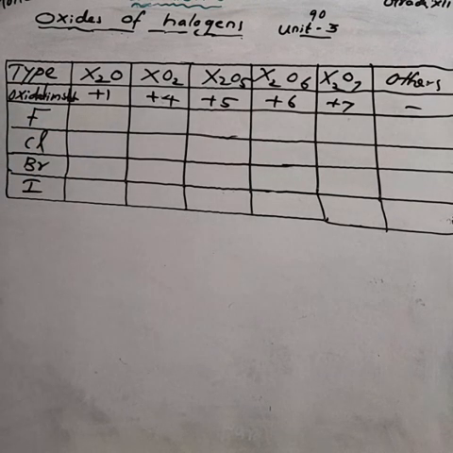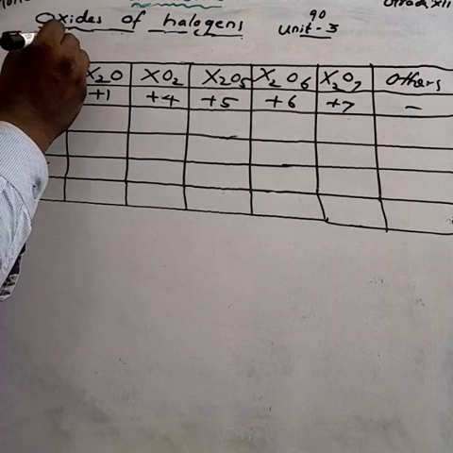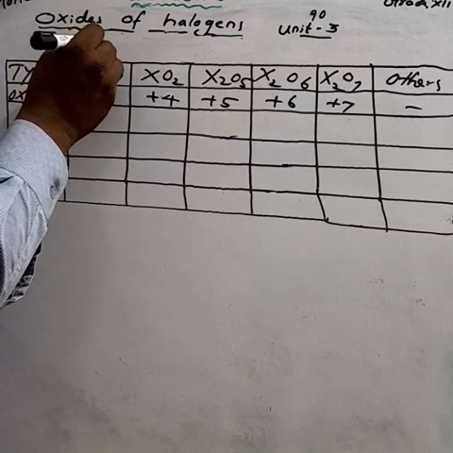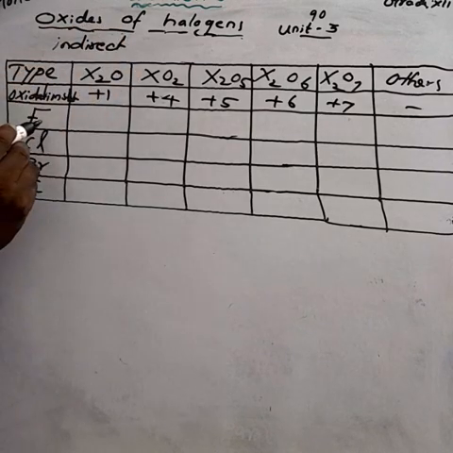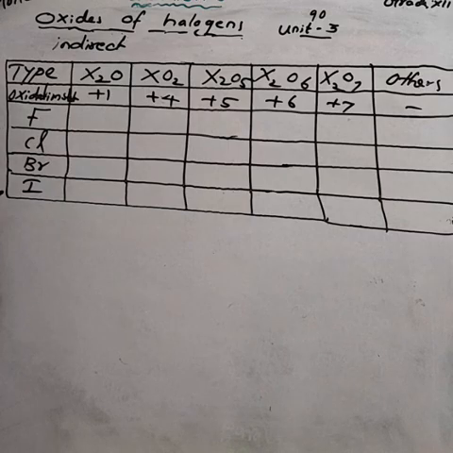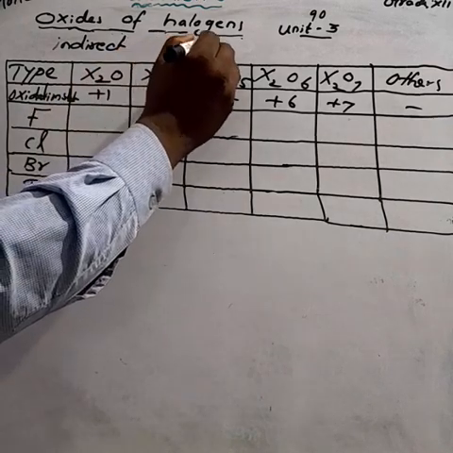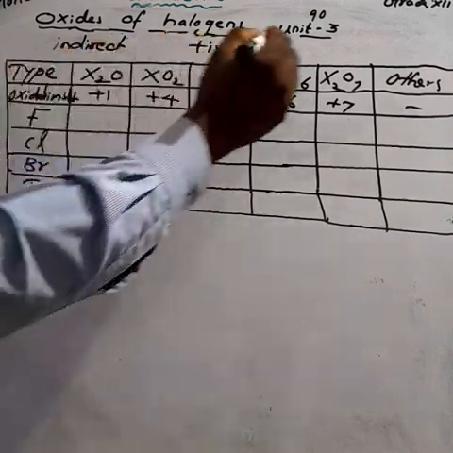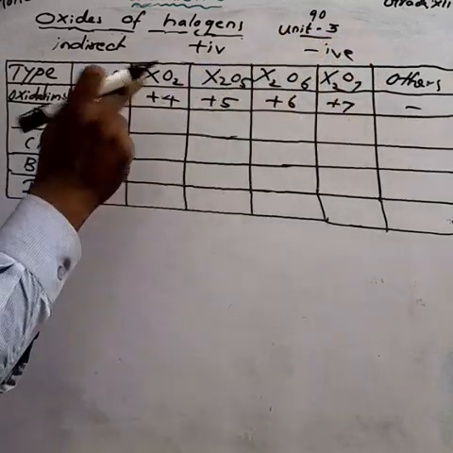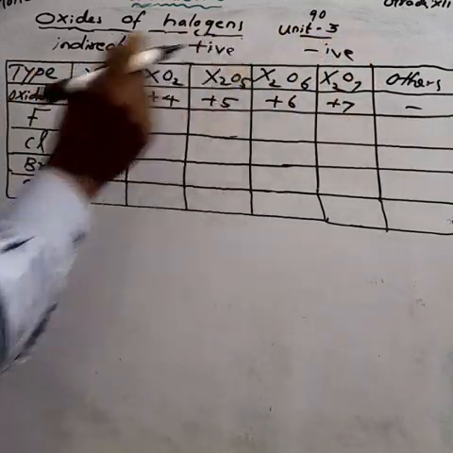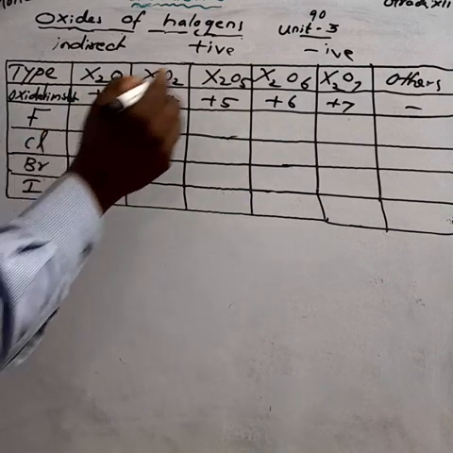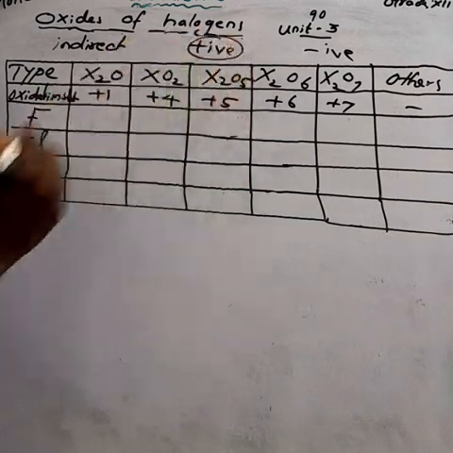Some of the oxides can be prepared by indirect methods. Except fluorine, all other halogens have positive oxidation states. Fluorine only has the negative oxidation state. Chlorine, bromine, iodine have the positive oxidation state.